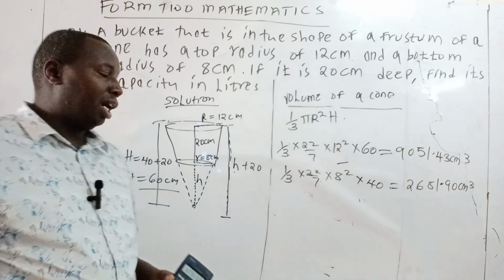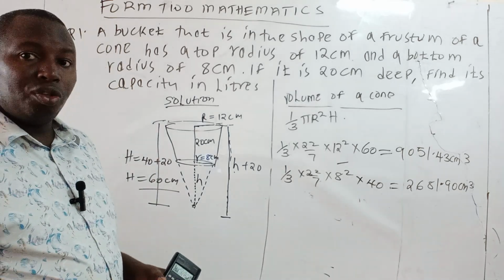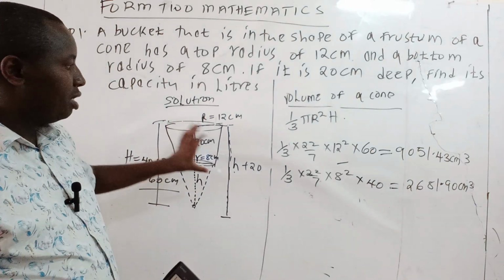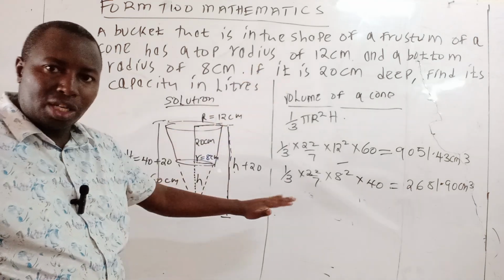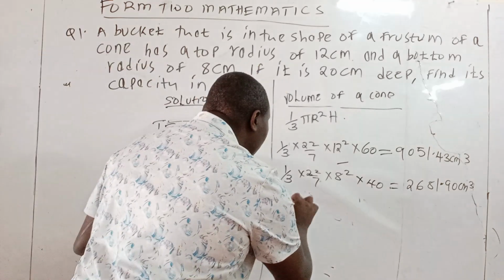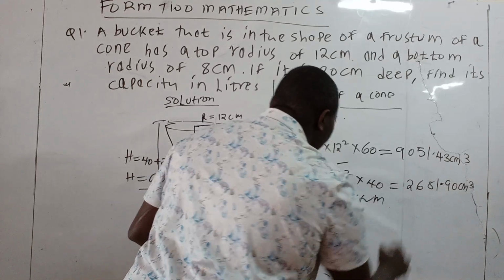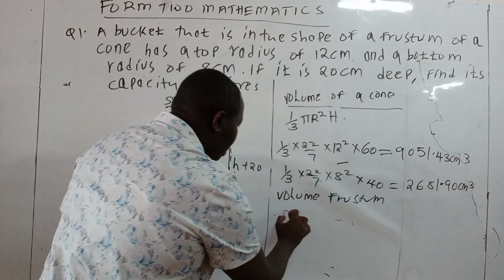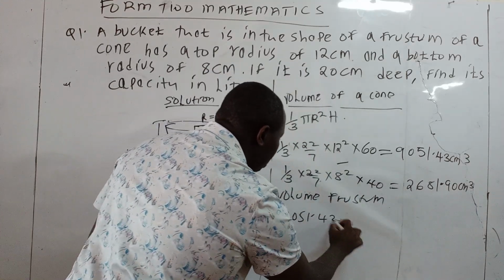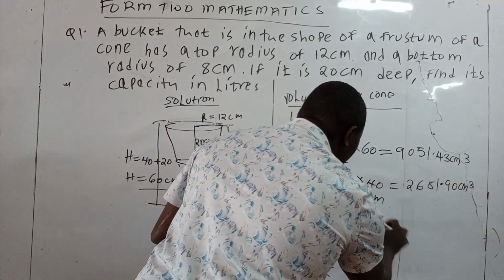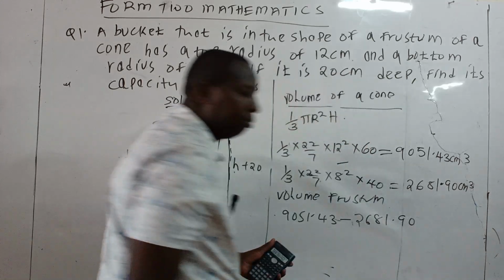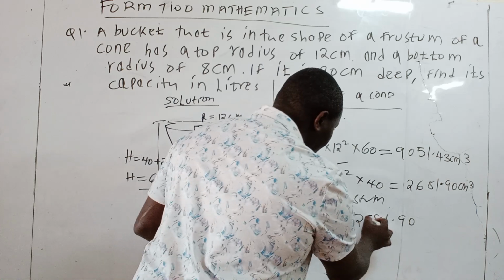Then from there, you find now the volume of the frustum. It's the volume of the original cone minus the cone that has been cut. So the volume of this frustum will be 9051.43 minus 2681.90. That's what you do.